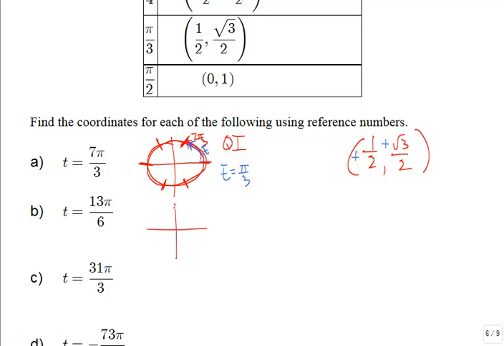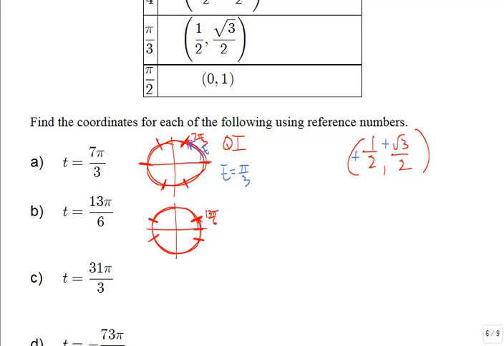Okay, let's try the next one. Now we want 13 pi over 6. So here's 1 pi over 6, 5 pi over 6, 7 pi over 6, 11 pi over 6, and 12 pi over 6 is 2 pi, so 13 pi over 6 would be right here. We're going all the way around once, plus an additional pi over 6.